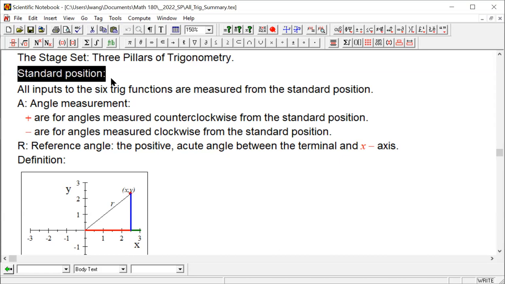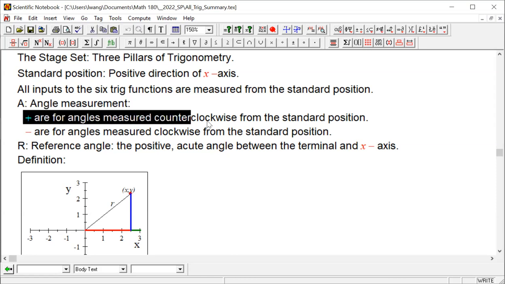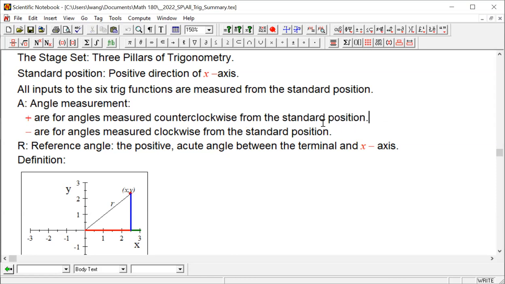So we talk about standard position, which is the positive direction of the x-axis. And angle measurement: positive angles are measured counterclockwise from the standard position. Negative angles are measured clockwise from the standard position.